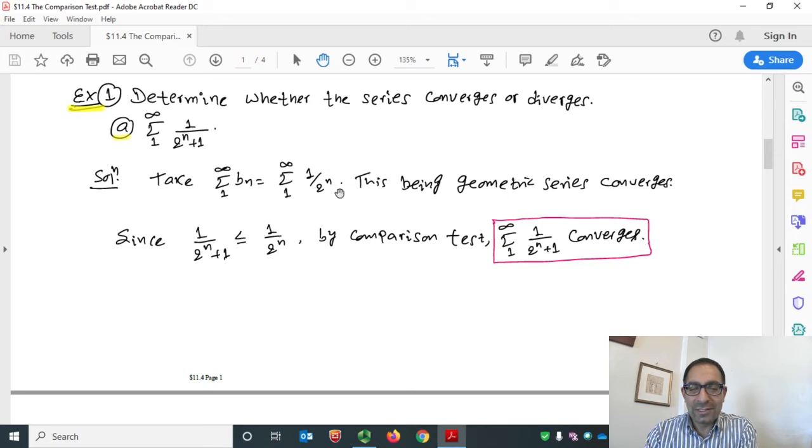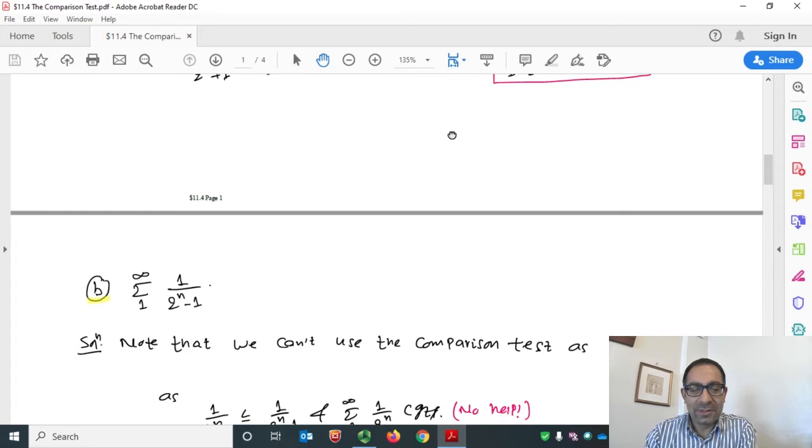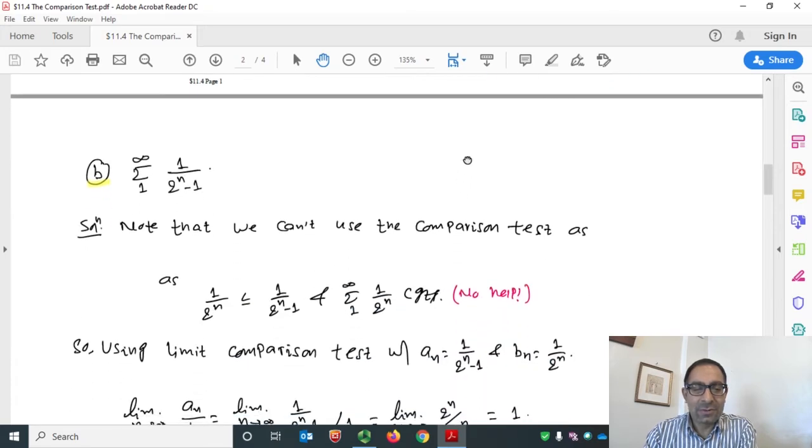We know this series, 1 over 2 to the n, being a geometric series, converges. Then let's compare these two series here. Since 1 over 2^n plus 1 is less than or equal to 1 over 2^n, by comparison test, since the bigger series converges, the smaller series converges. Awesome. Let's move on.